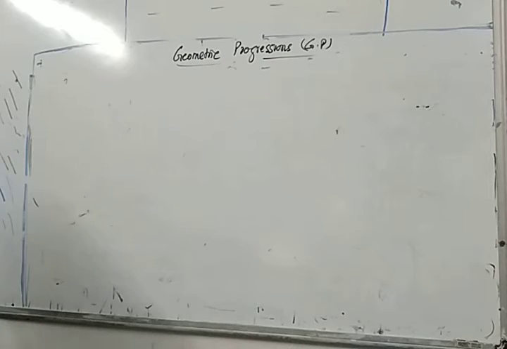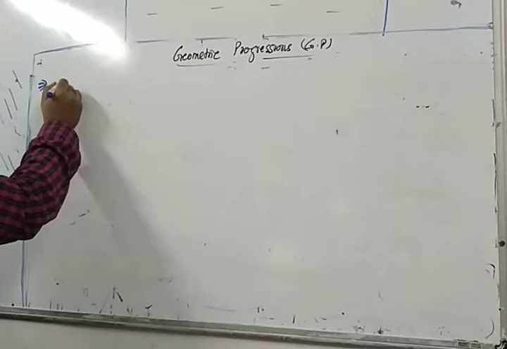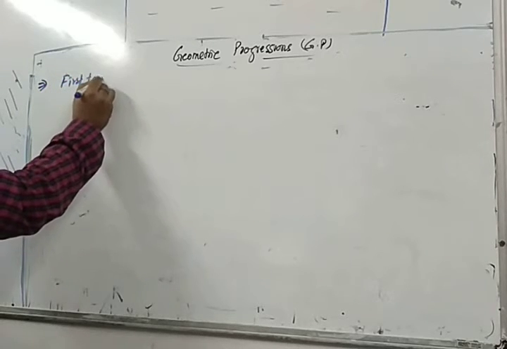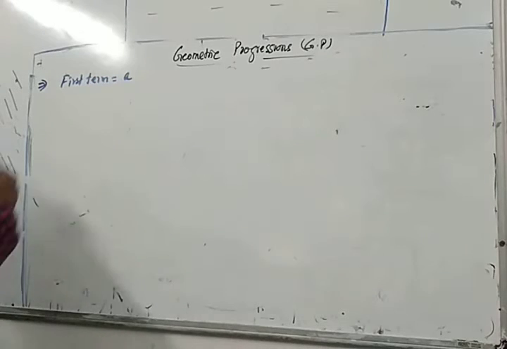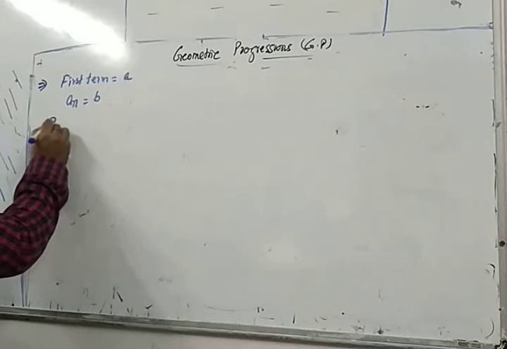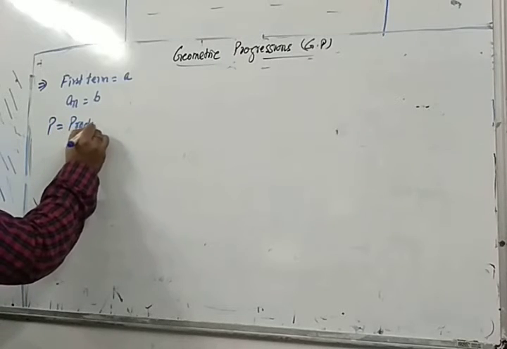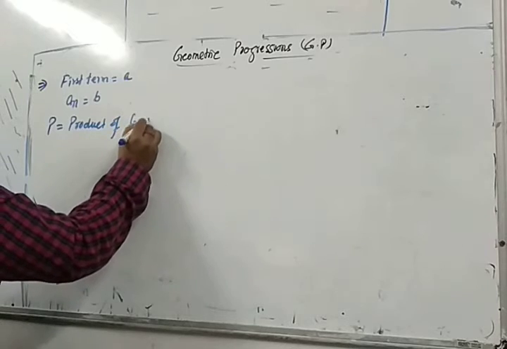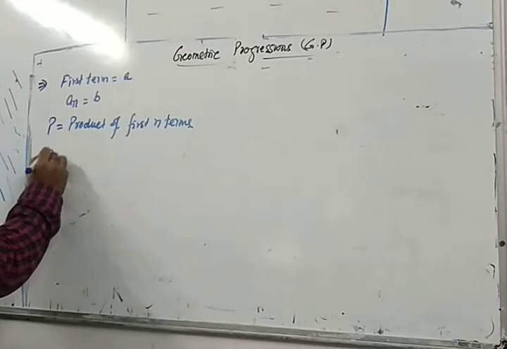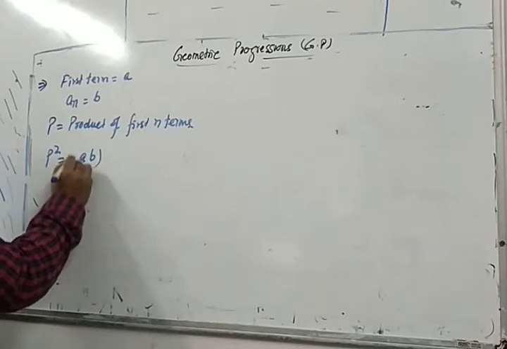The question is: if the first and nth terms of a GP are a and b respectively, the first term is a, and the nth term, that means a_n, is equal to b, and if P is the product of the first n terms, then prove that P squared is equal to (ab) to the power n.